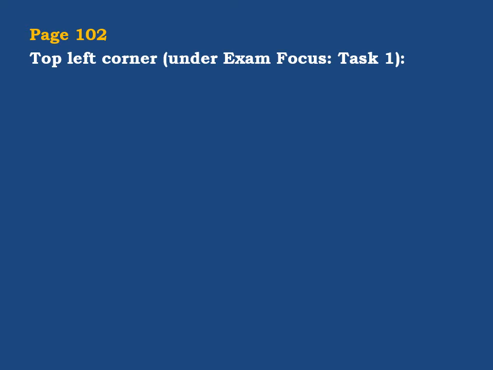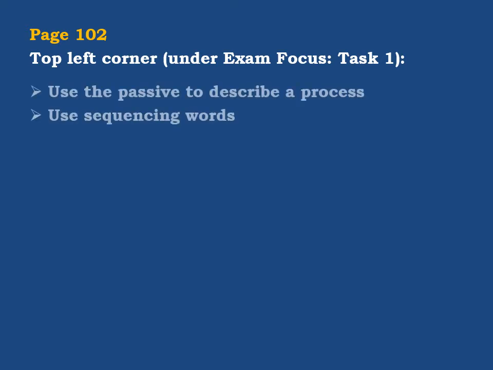These words and phrases are called sequencing words. So here, as we said, we have to use the passive to describe a process, and in specific, we have to use the present passive because it is description. And the other one, to use sequencing words.